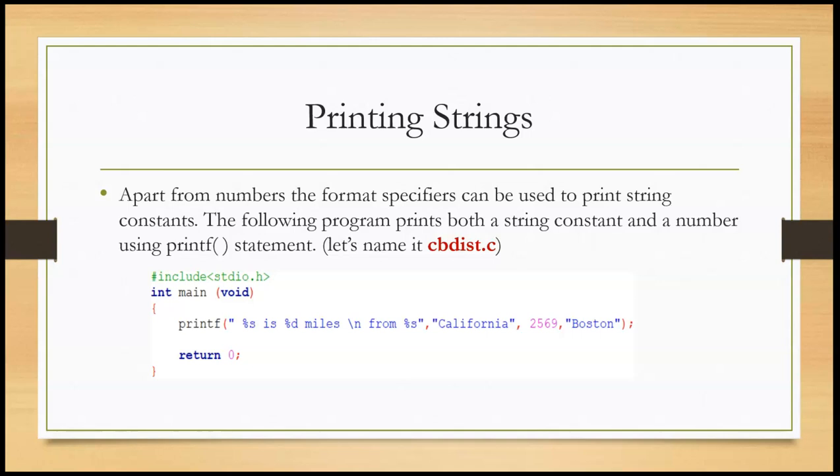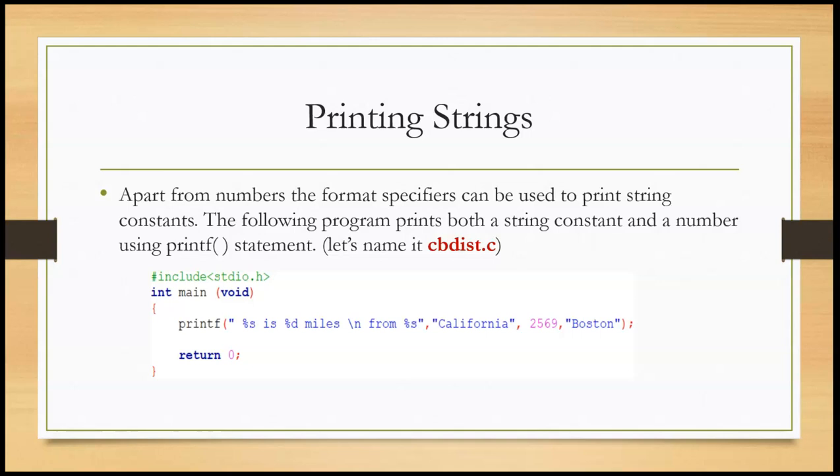Let us now discuss how the printf function may be used to print strings. Apart from numbers, the format specifiers can be used to print string constants. The following program prints both a string constant and a number using a printf statement.